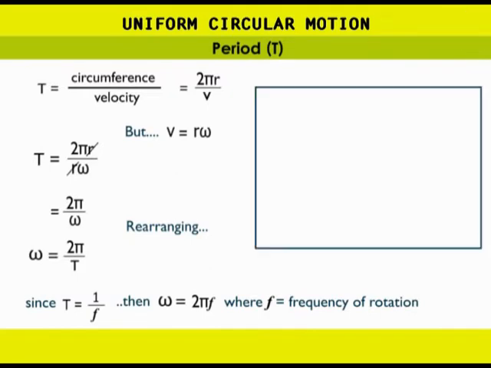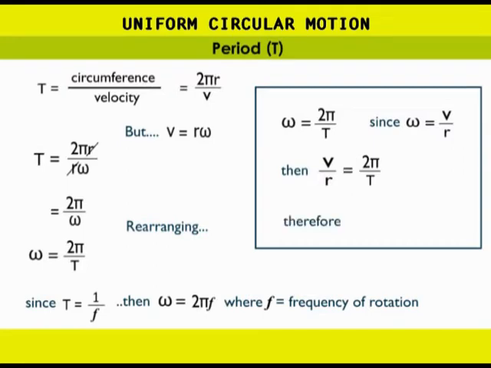We can also play around with this expression, omega is equal to 2 pi over t. Recalling that omega is equal to v over r, then v over r is equal to 2 pi over t, and therefore if we rearrange, t will be equal to 2 pi r over v.